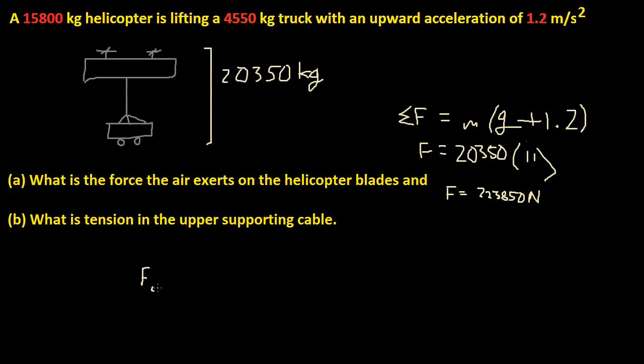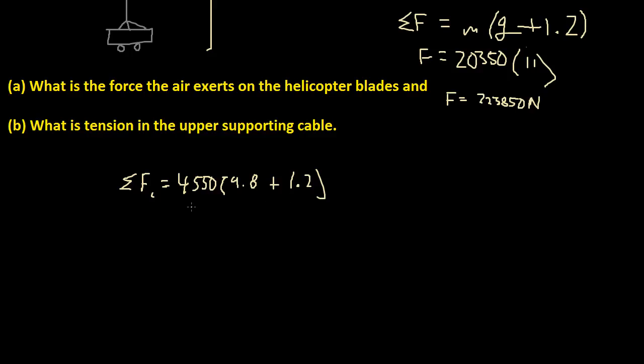So I'm just going to say the total force exerted on the car would be 4550, which is the mass, times 9.8, which is the gravity, plus 1.2, because this is the acceleration that the helicopter is pulling it up with, so you have to have that 1.2 in there.